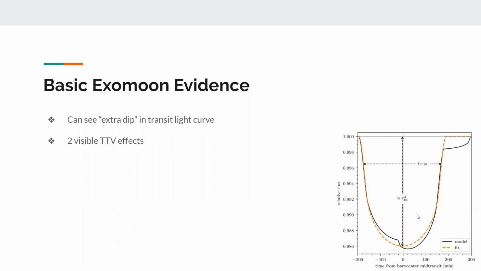And we can see that there's this extra dip at the bottom of the light curve, which indicates that an exomoon exists. But there are various explanations for why this could happen. And as a result, we only have candidates, and we haven't conclusively found one specific exomoon yet.